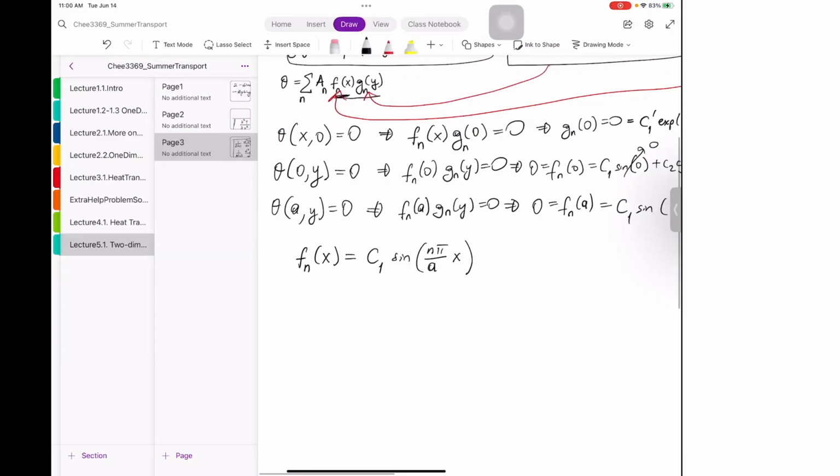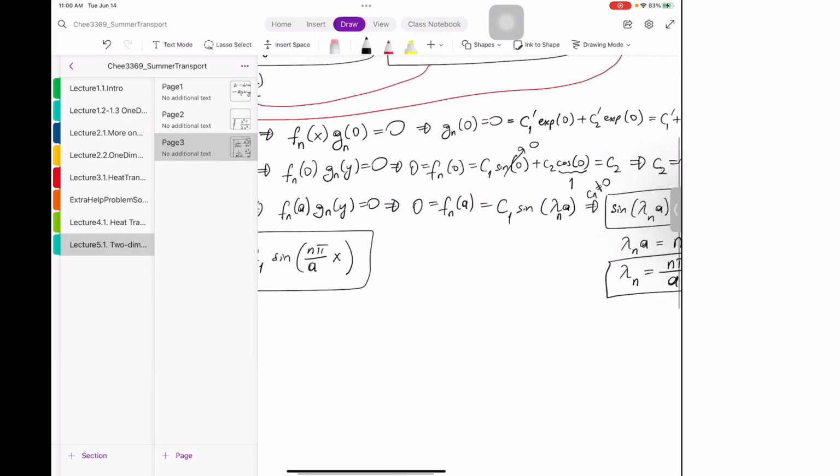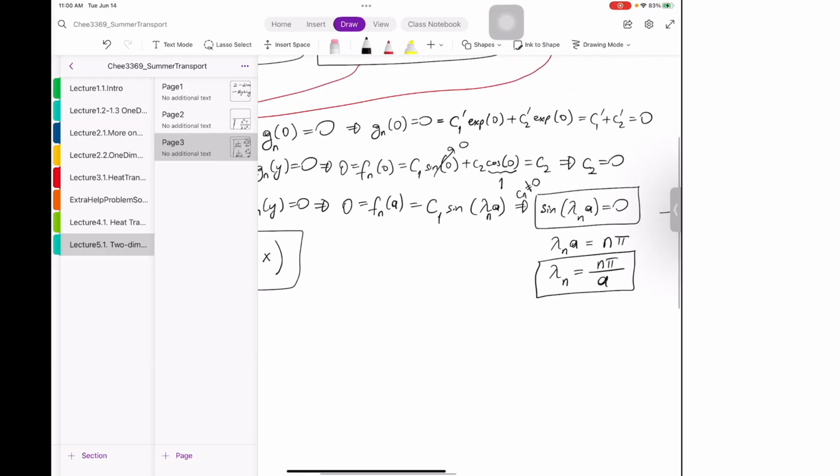And we don't have the C2 term. Okay. So we found this. We have one more boundary condition to get a better idea about this C1 prime, C2 prime, and so on.